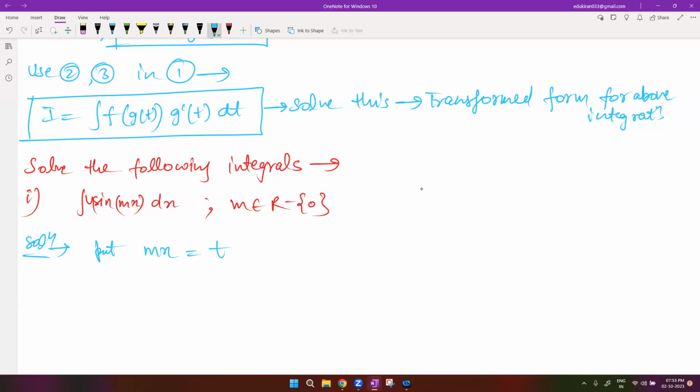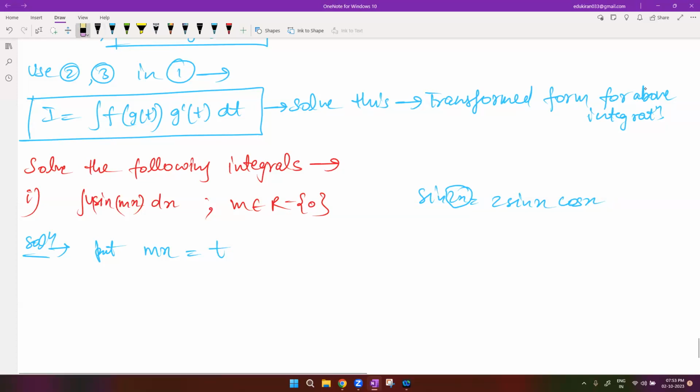But not outside of the sine. Can sin 2x be written as 2 sin x? No. This 2 is inside the sine, so we can't take it outside. Sin 2x is 2 sin x cos x, if you remember. This is the double angle formula. So it can't be 2 sin x.